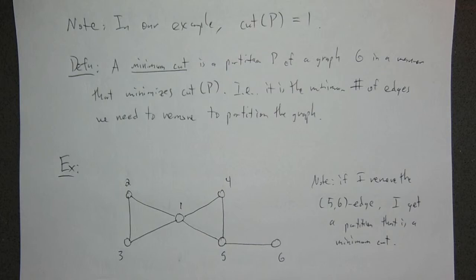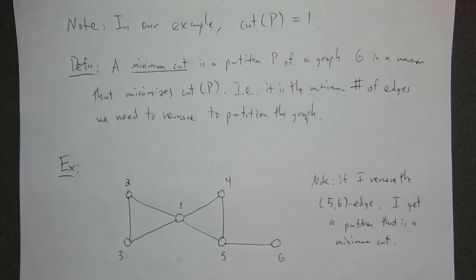So again, just remember what minimum cut is. A minimum cut is a partition that minimizes the cut of the partition. The cut of the partition is the number of edges connecting a vertex in one piece of the partition to a vertex in the other.